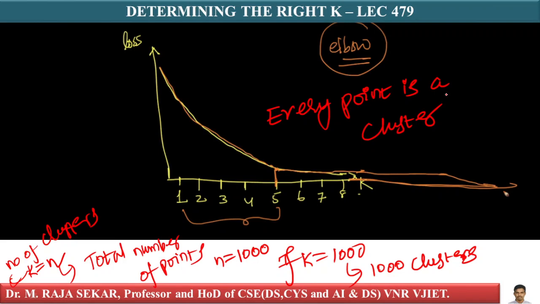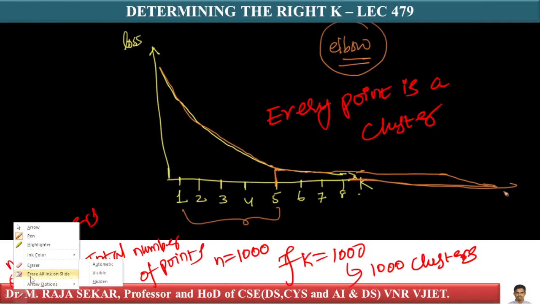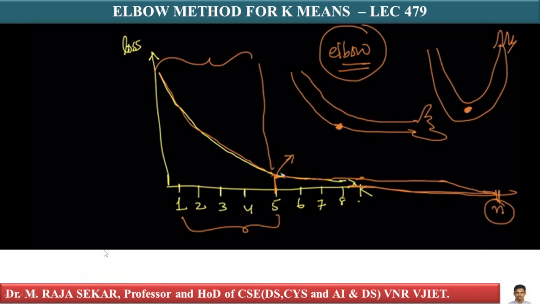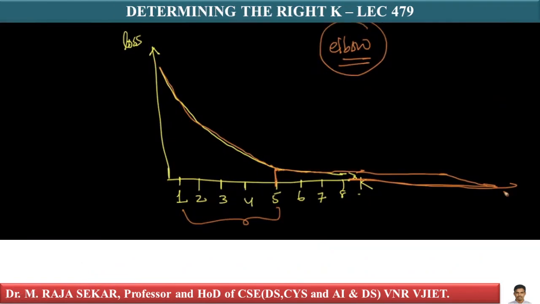When something like this happens, what happens to your loss? If every point is a cluster onto itself, the distance of a point from its cluster centroid is 0.